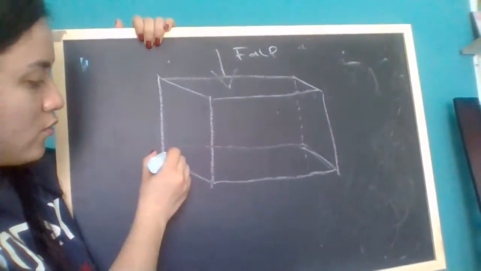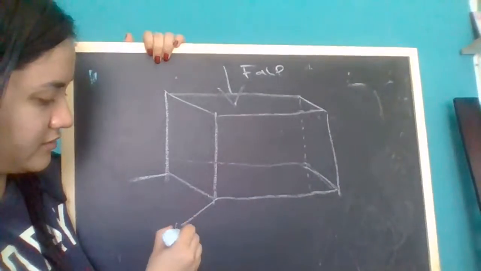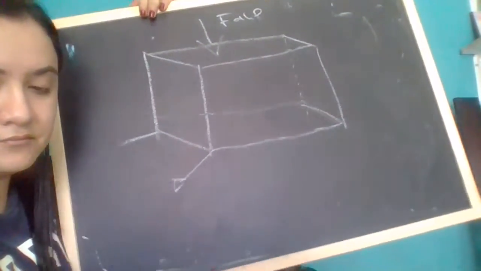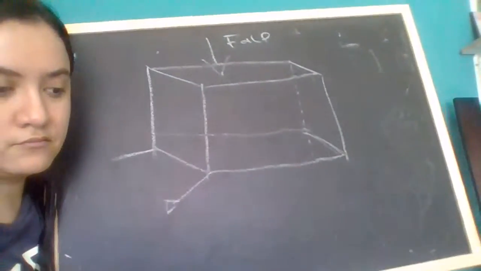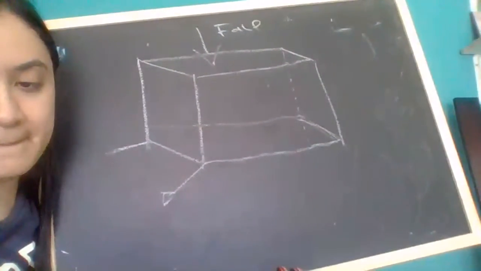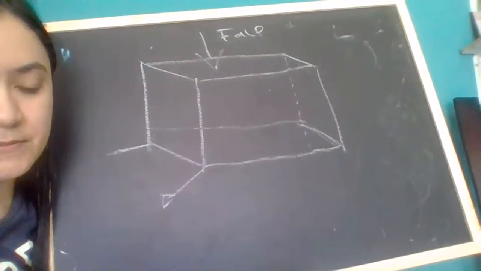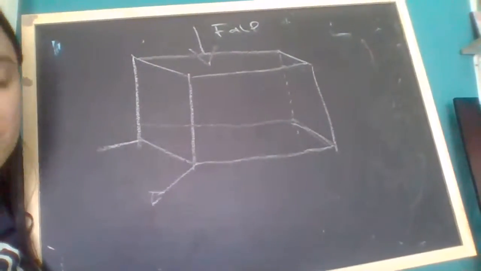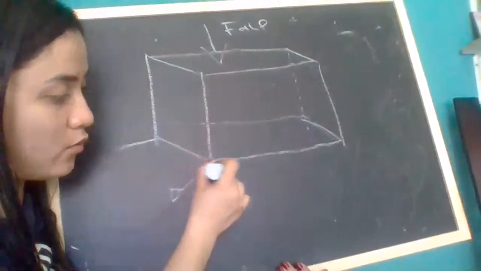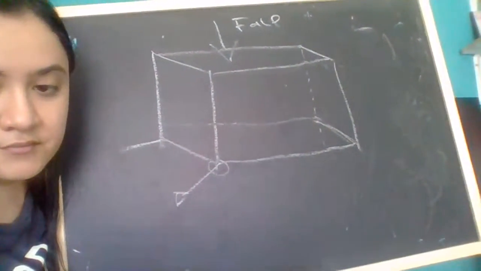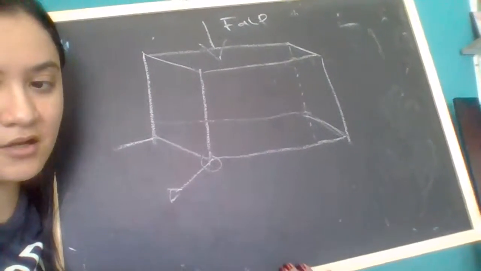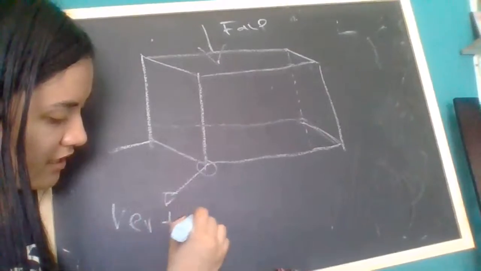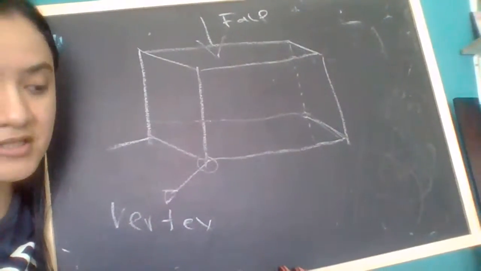Then we have these little corners. What is the name of the little corners? No, the corners. It's not called an edge. It's a vertex. Very good. That is a vertex.